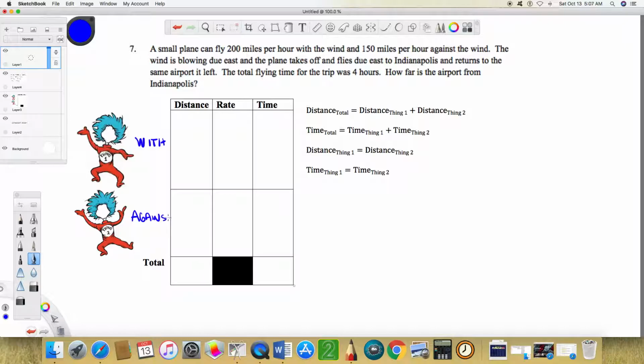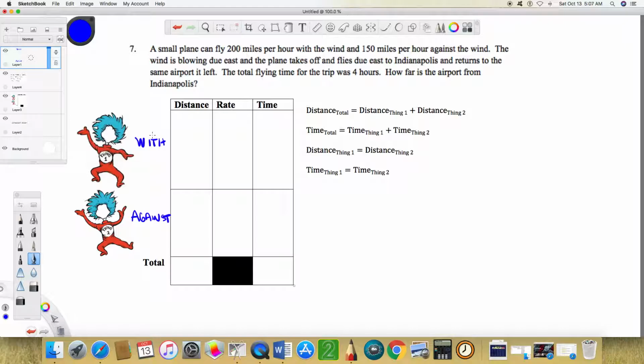Alternatively, you could have said with the wind is the wind blowing due east, so you could have east and west, and it's the same idea. Or you could have those in reverse order.